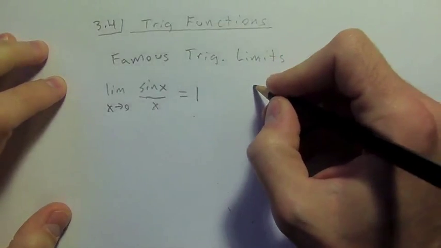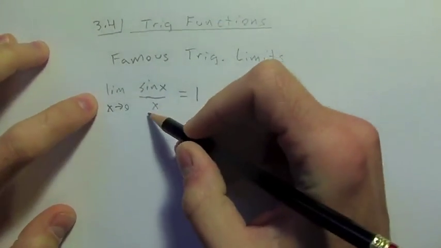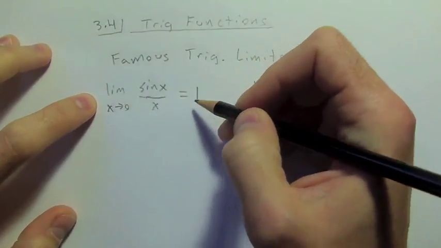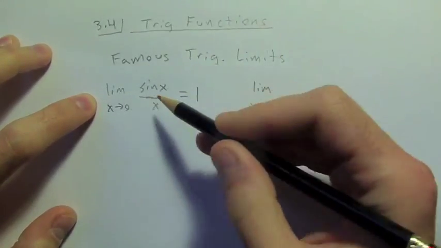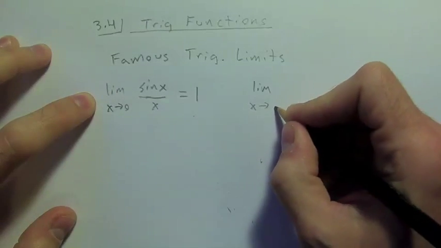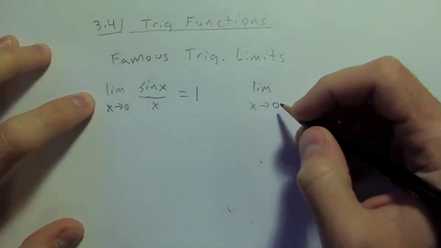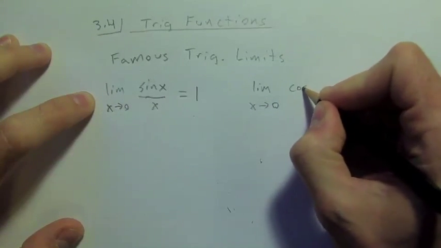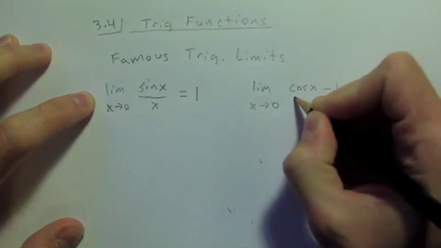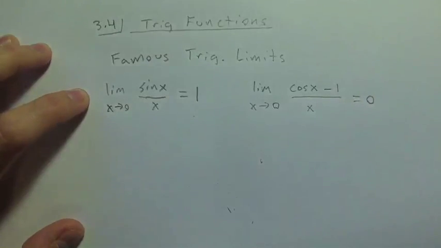The other famous limit, or this one's maybe not as famous, the limit of sine x over x equal to 1 is very famous. It's a very important limit. It's used a lot. But this one we'll be using in today's discussion. That's basically saying that the limit as x goes to 0 of cosine x minus 1 all over x is 0.